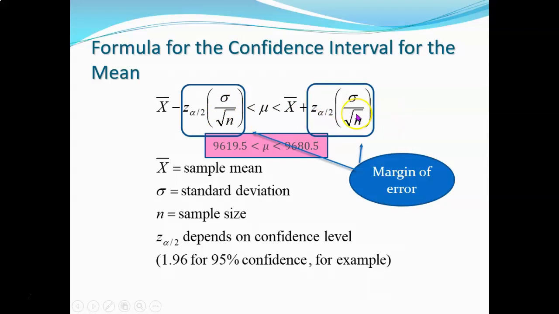And that part that gets minused or plussed is the margin of error. So your interval ends up going from your sample mean minus the margin of error to the sample mean plus the margin of error. So it's sometimes reported as X bar plus or minus whatever that margin of error is.